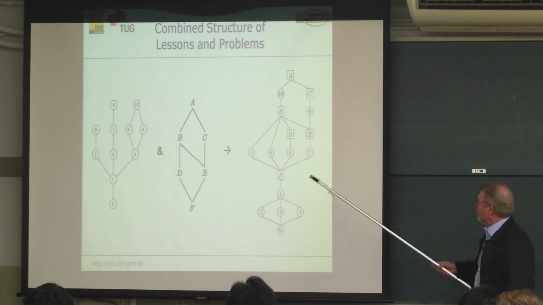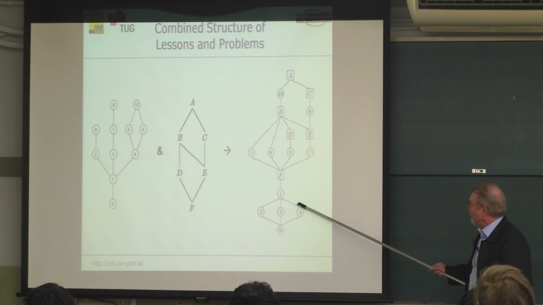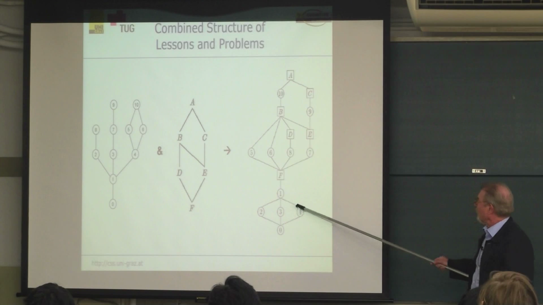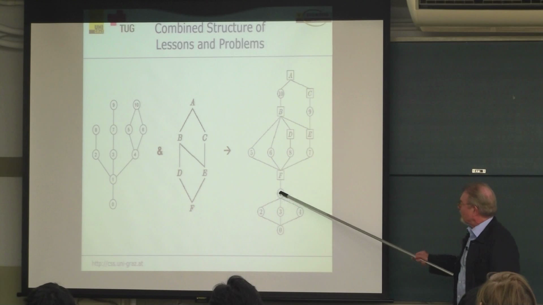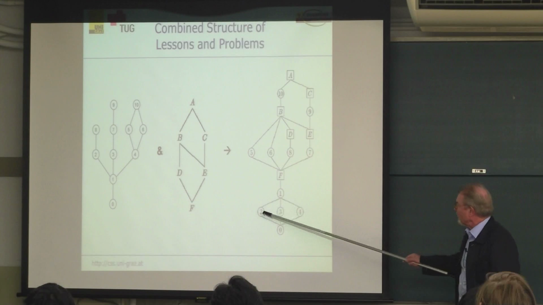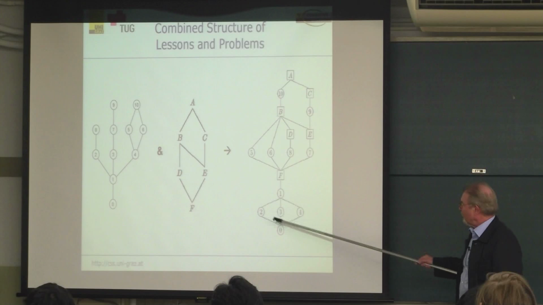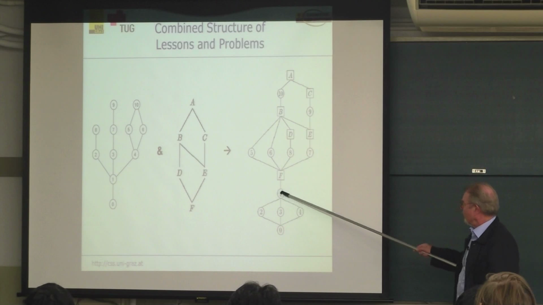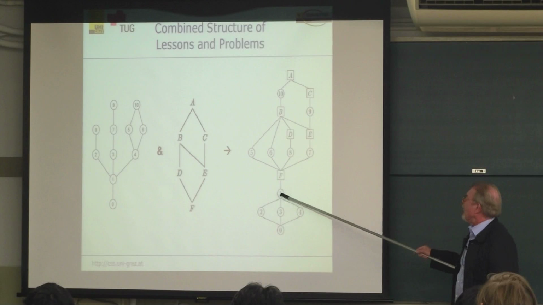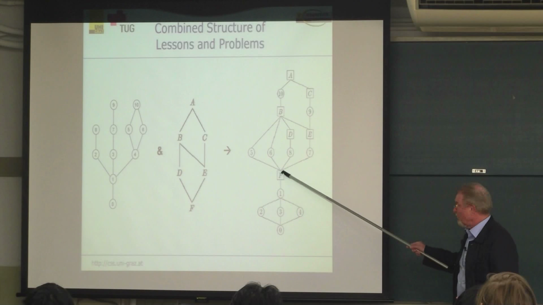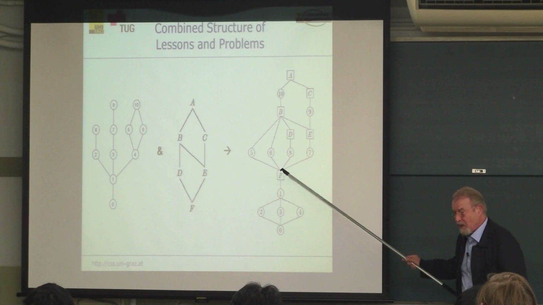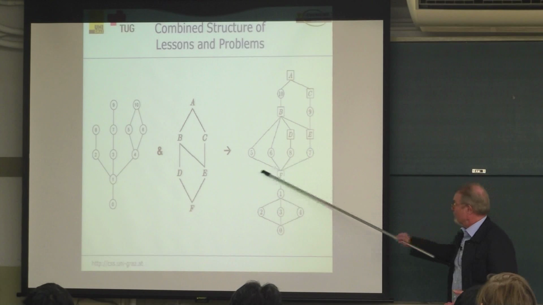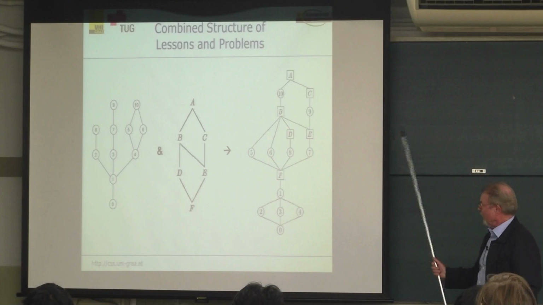So, for instance, you easily can see the process starts with the lessons 0 to 4, and you can get access to lesson number 1 after you already visited the lessons 0, 2, 3, 4. Then you get access to this lesson. You are ready for this. After that, you are ready to solve this problem F, or should be ready. And in case you are able to do this, then you get access to these lessons, and so on.